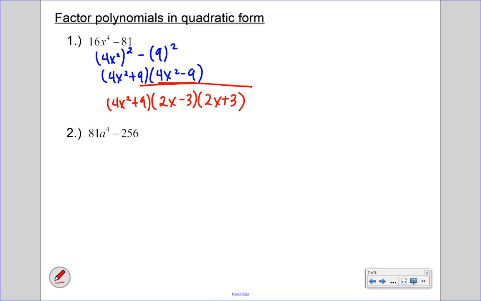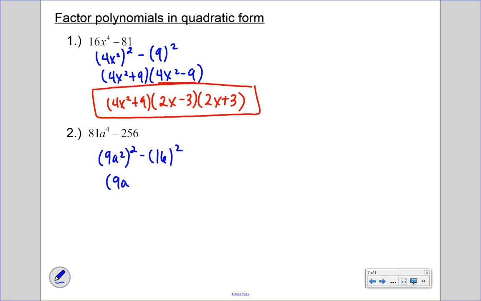So that difference of two squares is really important to remember. That pattern: we square root both and make it plus and minus. Our next one, we can do the same thing, write them as squares. So the first one is 9a squared minus 16 squared. So we can write this as 9a squared plus 16 and 9a squared minus 16.